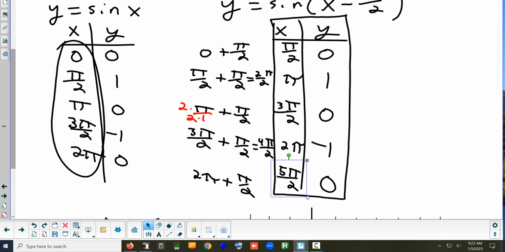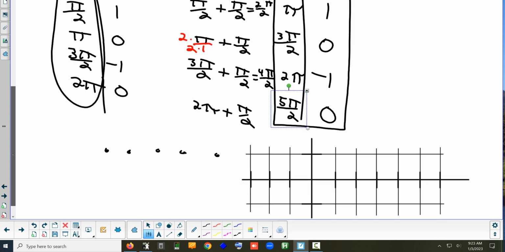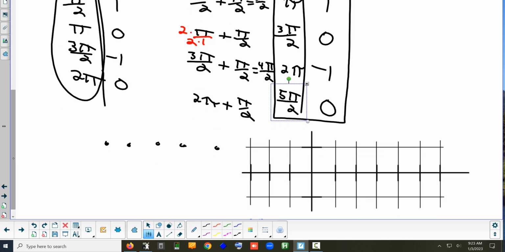they all moved together. So what I would do is when I label my x-axis, use these values because not only are they equally spaced, but it's going to give me a point that lands nicely on the lines, not in between lines.